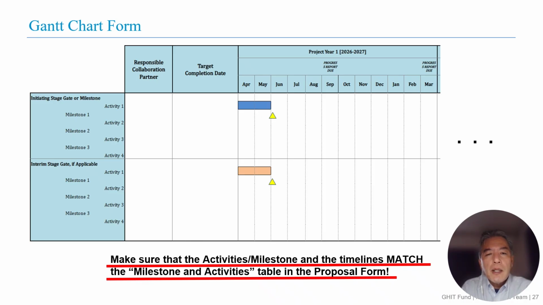If there is any discrepancy between the two, your proposal could be considered incomplete and ineligible, with no opportunity to resubmit the correct document. You should use bars for activities and yellow triangles for milestones. Please double-check that timelines are aligned across all forms.